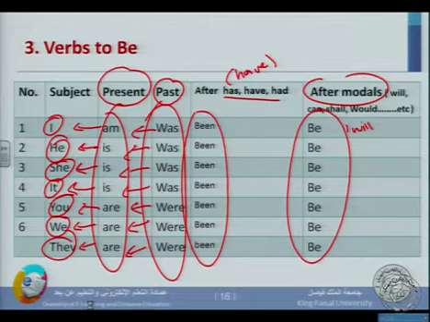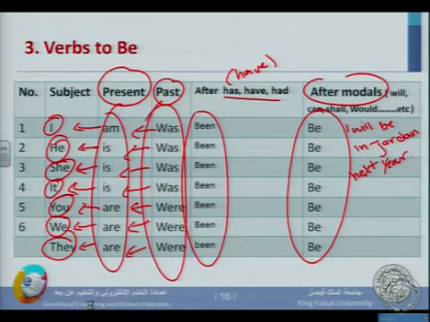I will be in Jordan next year, for example. Okay.